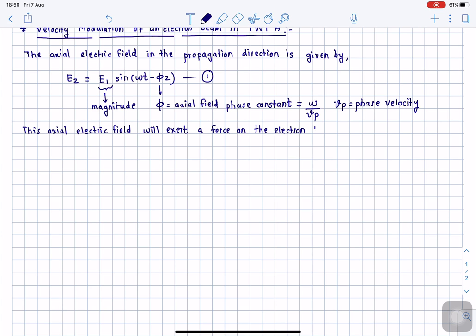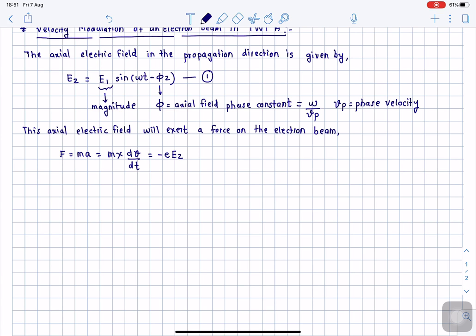Now, how is this force given, which is exerted by this axial electric field on the electron beam? We know the classical equation, force is equal to mass into acceleration. This can be written as mass multiplied by acceleration, dv by dt, the rate of change of velocity with respect to time, and this can be equated to minus e times Ez.